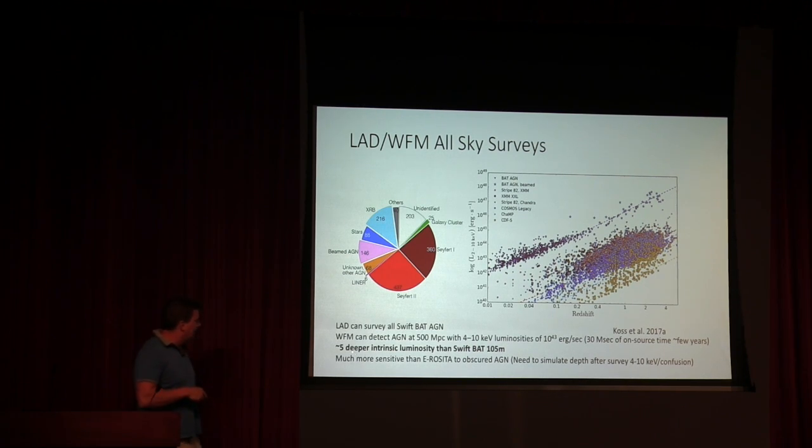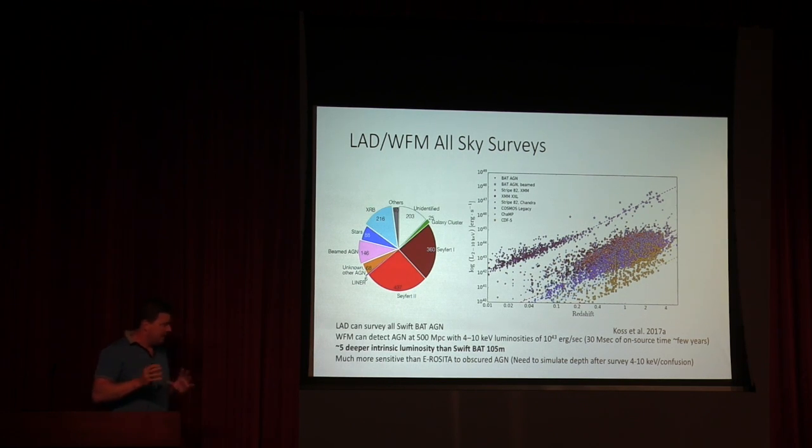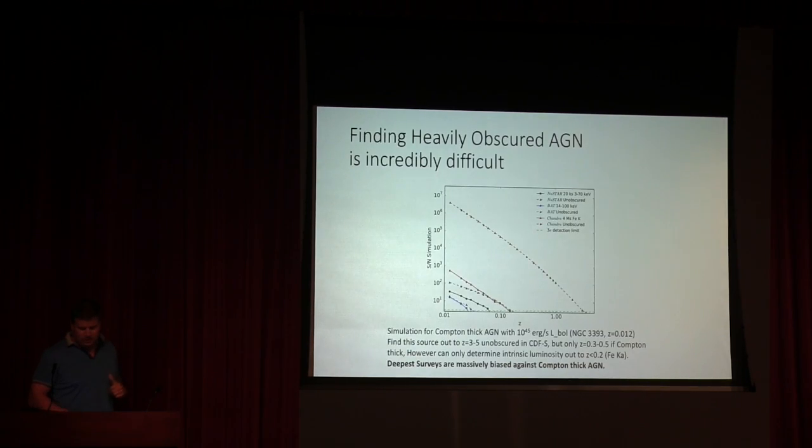I need to work more on figuring this out, but based on some of the sensitivities here, if you take 4 to 10 keV as the intrinsic luminosity and look at how deep BAT can go, we can go about a factor of 5 deeper in intrinsic luminosity. I think I need to do some more simulations to think about how far you could go if you did an iron K alpha study.